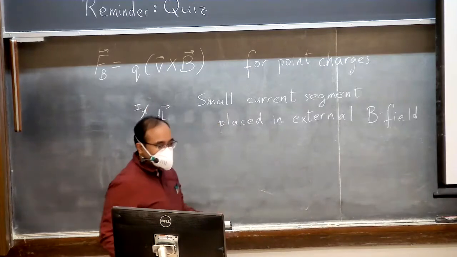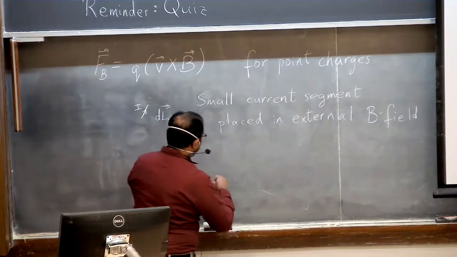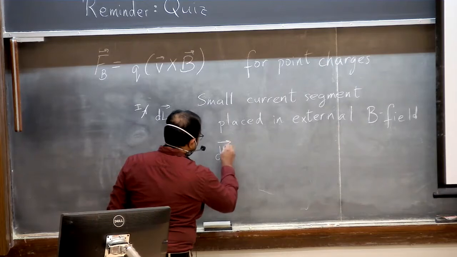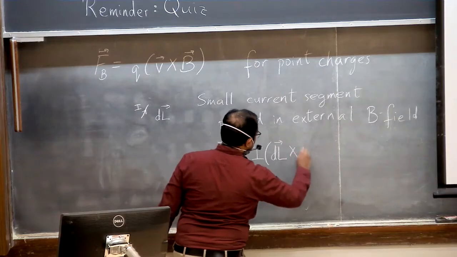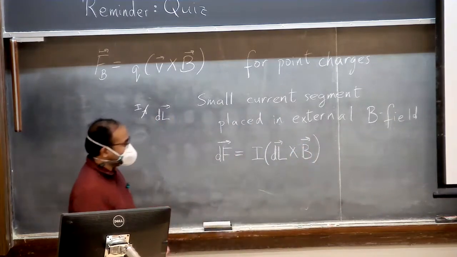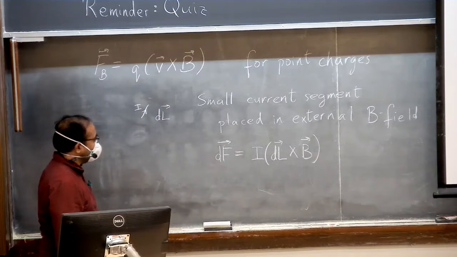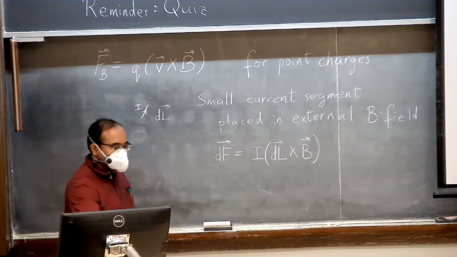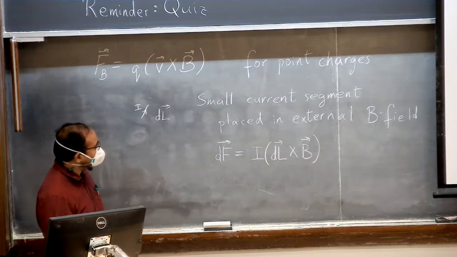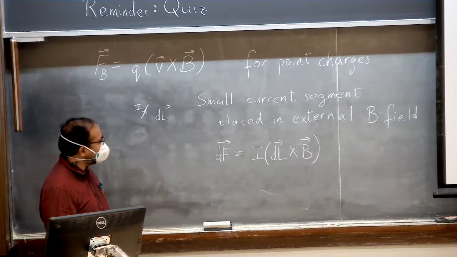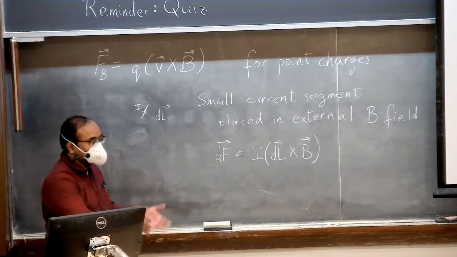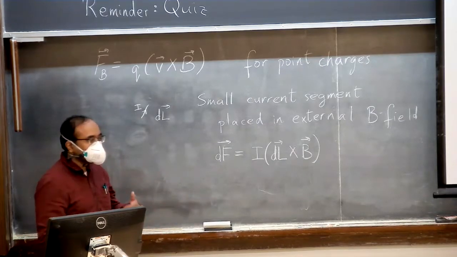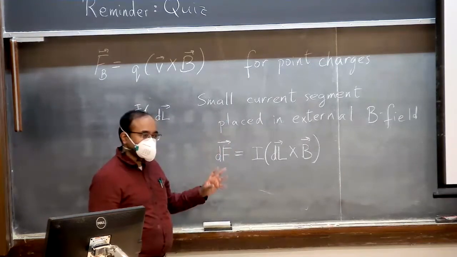And so it's a small length of wire, so it's going to be a small force, and that small force is given by dF equal to I dL cross B. And basically, if you have a longer bit of wire, you just end up integrating along that wire and adding up all the force vectors, and you get the total force.